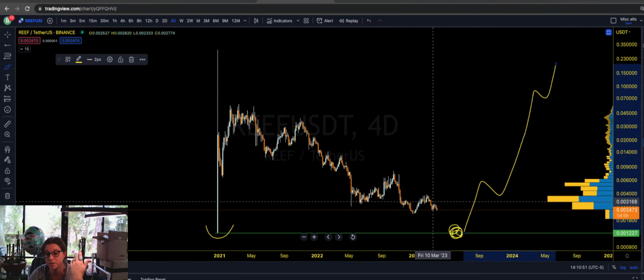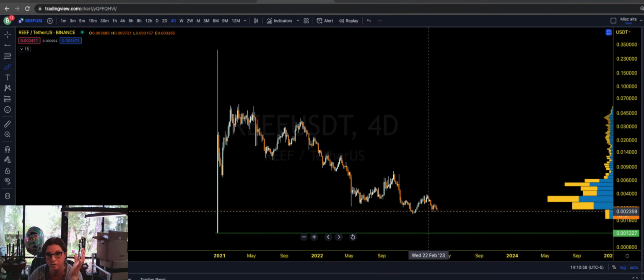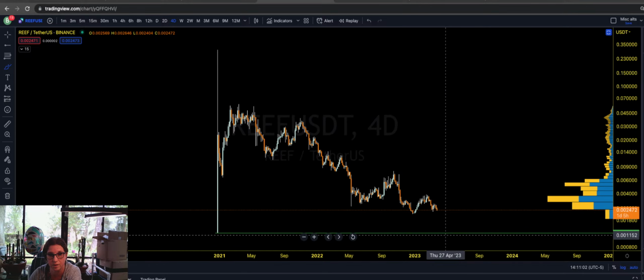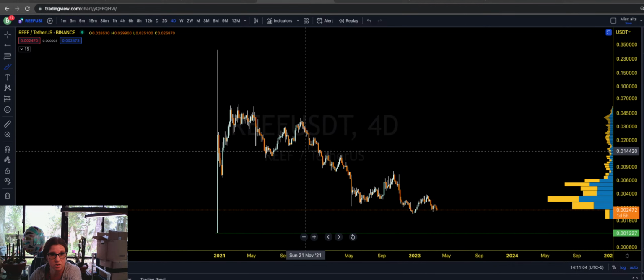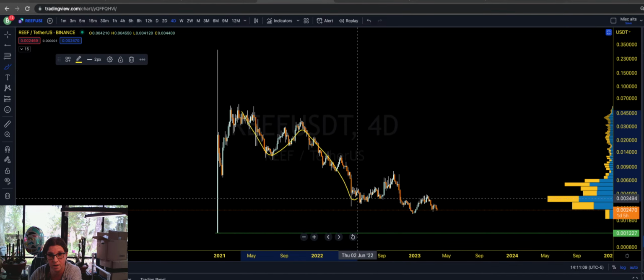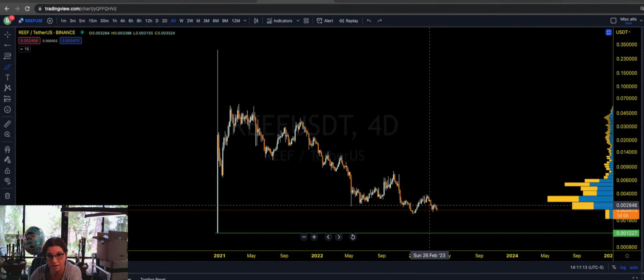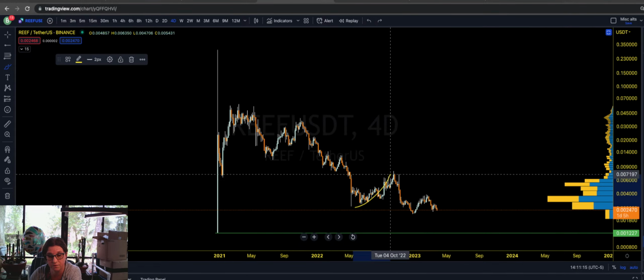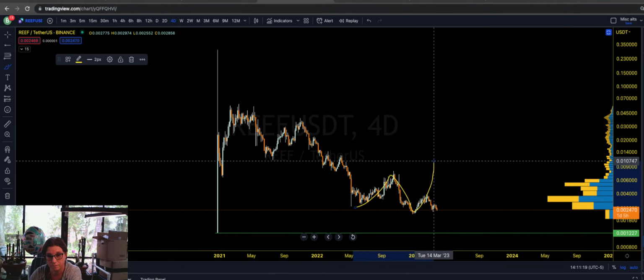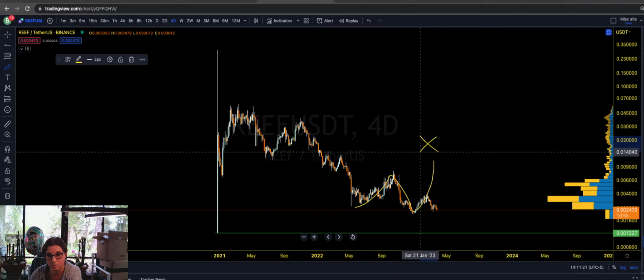Or it ends up being just a corrective structure, but it still can moon, is what I'm saying. But you have to start the count from there. So this looks to me like the same type of structure, okay? It's either WXYXZ, or in this case, it could have came from back here, which means it can go higher to make an X here.